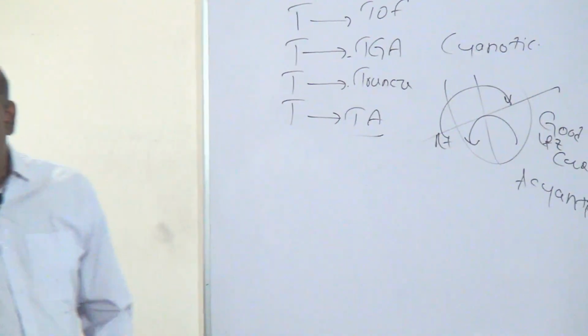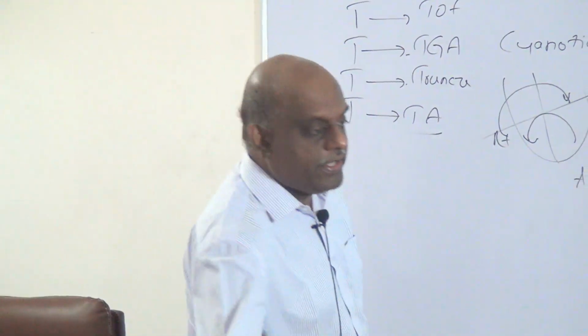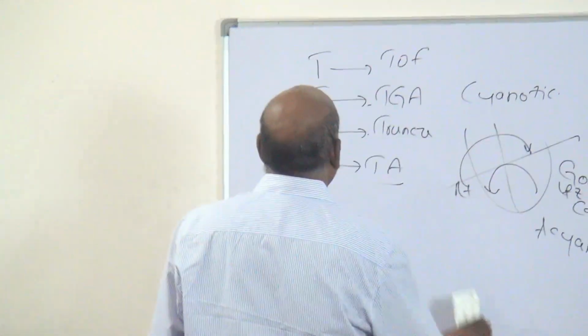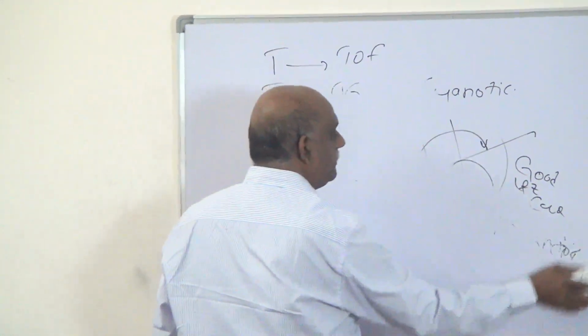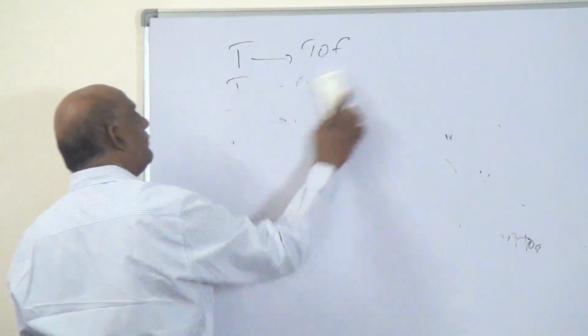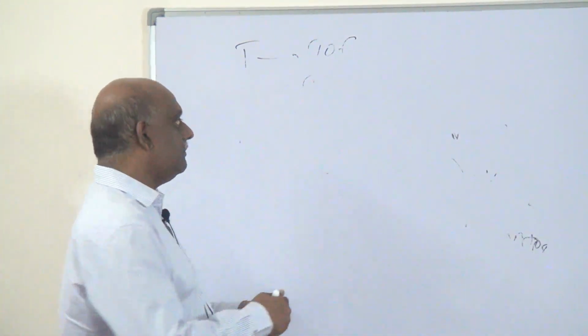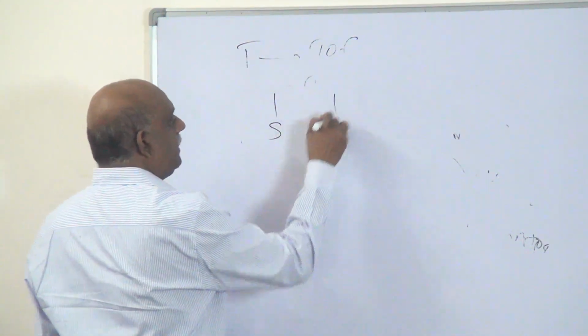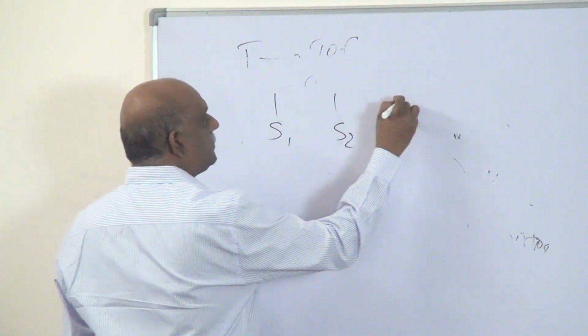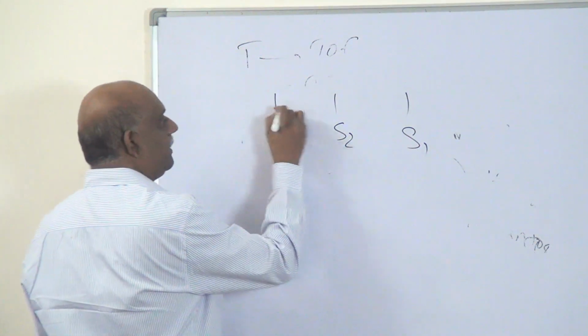Give me the board please. What is aortic regurgitation? Is it a systolic phenomenon or a diastolic phenomenon? It is an important question. So you have S1 and then S2, then comes S1.